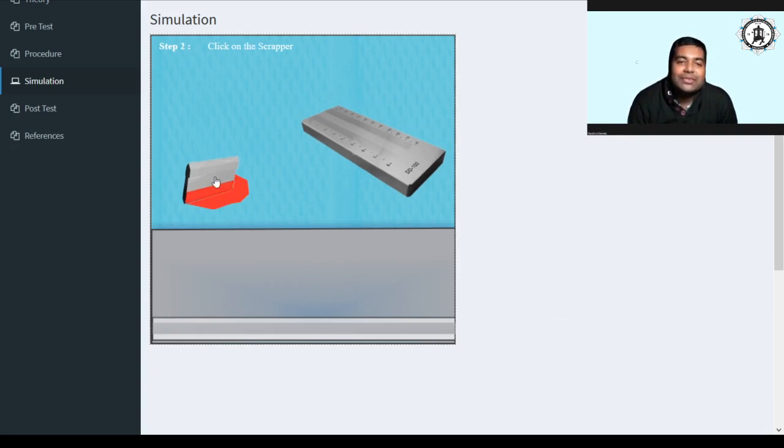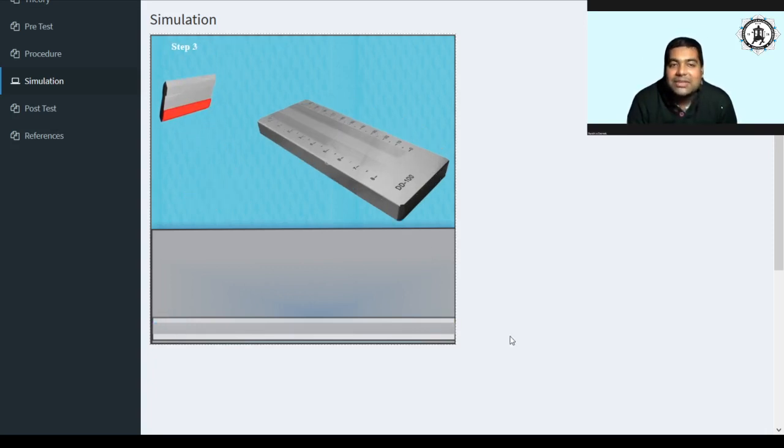Here they have shown they are dipping the scraper in the ink and then applying it on the Hegman gauge, but that is not the process actually. Like you saw in the video, that was the correct way. First you put two inks on these grooves, at the deeper edge of the groove, with the help of a knife, and then you pull it with the help of the scraper knife.